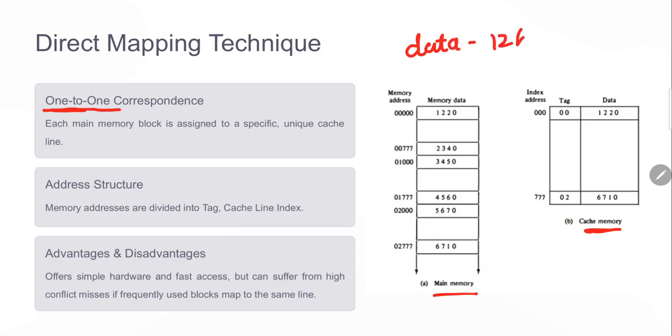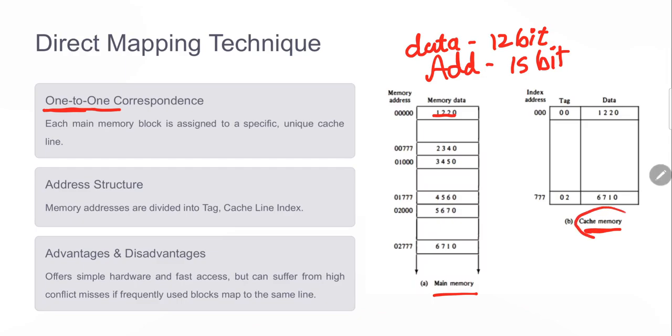It's 12-bit data, so in octal form it is 4 numbers. And the memory address is a 15-bit address, which is also in octal form. So this data is available over here.